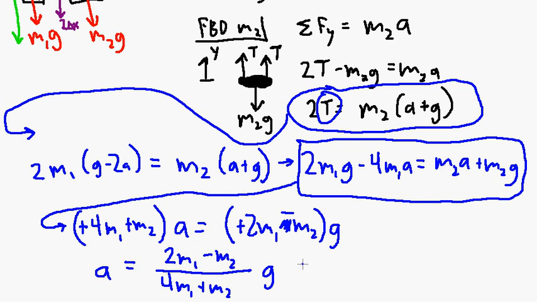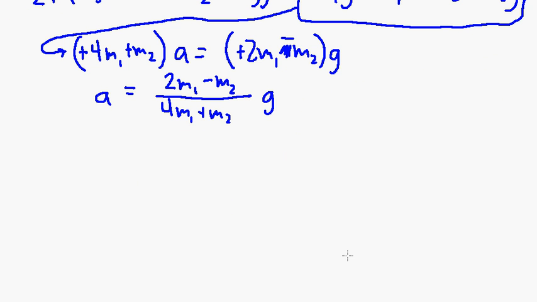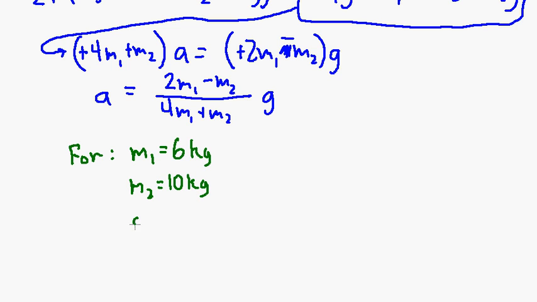Let's see what this will be. I'm not going to do it there, but let's say down here, let's go green. So M1 was our 6 kilogram weight, M2 is 10 kilograms, and that was all we had, right? And of course, G equals 10 meters per second squared.